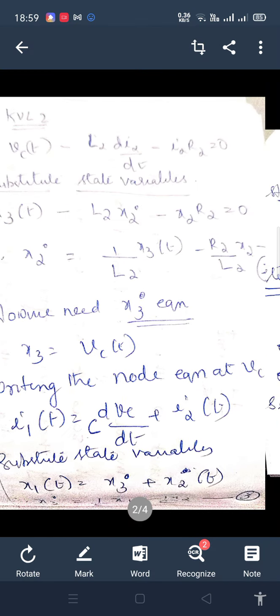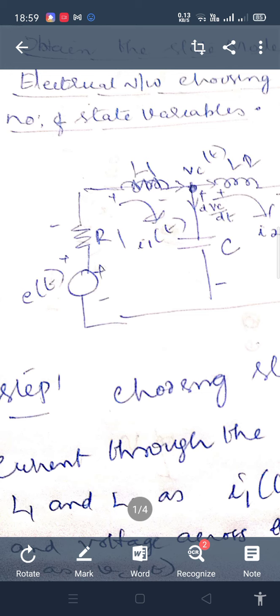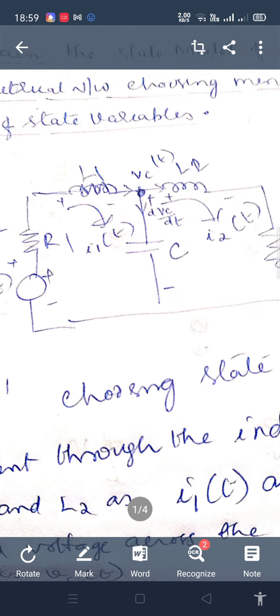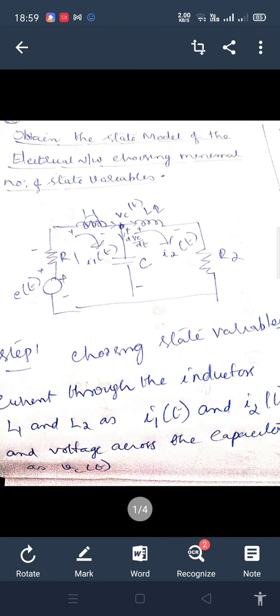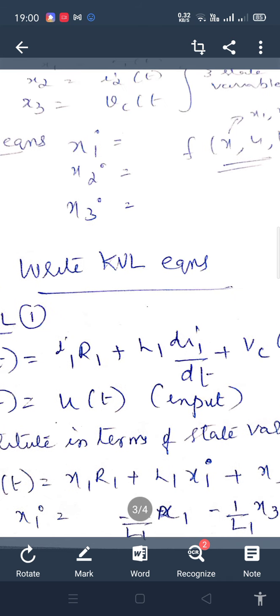Let us refer to the first figure. From this figure, we can write E of t minus I1 into R1 minus L1 into di1 by dt minus Vc equal to 0. From that we get the first mesh equation: E of t equal to I1 into R1 plus L1 into di1 by dt plus Vc.